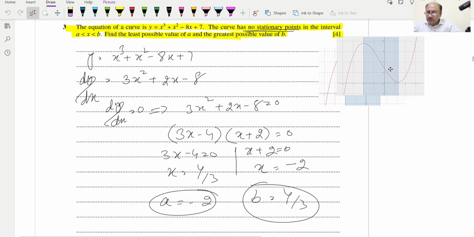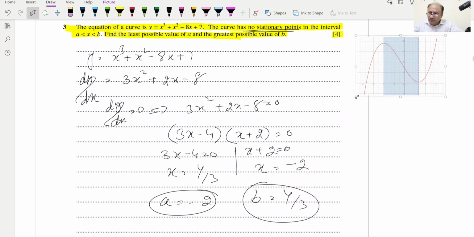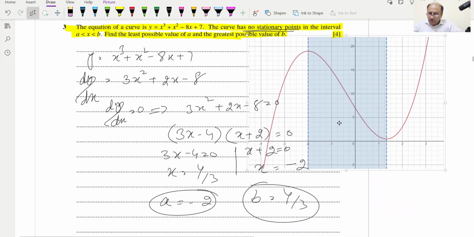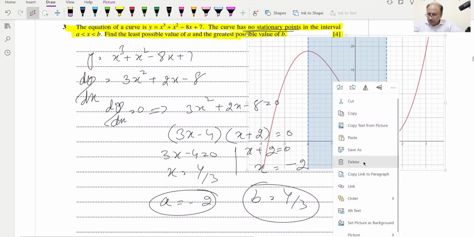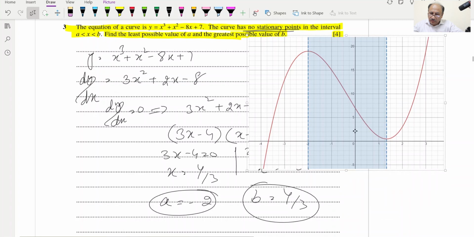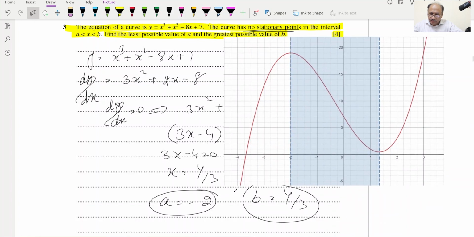So this is basically the picture which I have inserted from the graph which we plotted. Now we can understand from here. This is basically the graph.